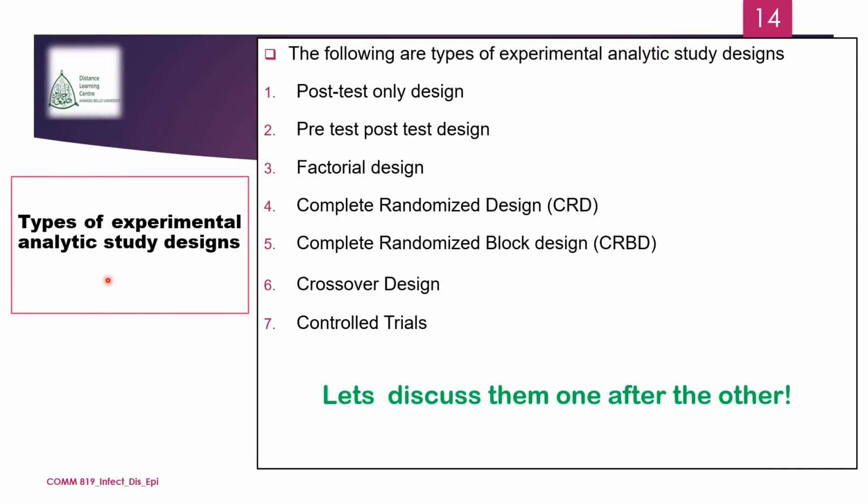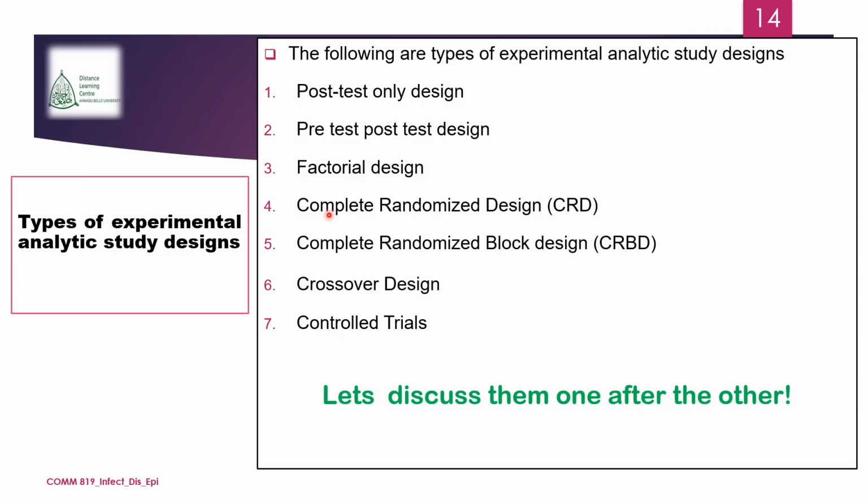So here we have the types of experimental analytic study design. Generally, experimental study designs can be of the following types. We have post-test only design. We have pre-test, post-test design. We have factorial design.